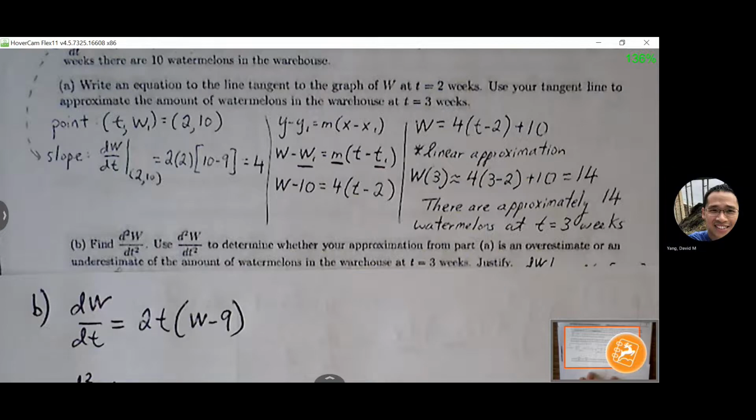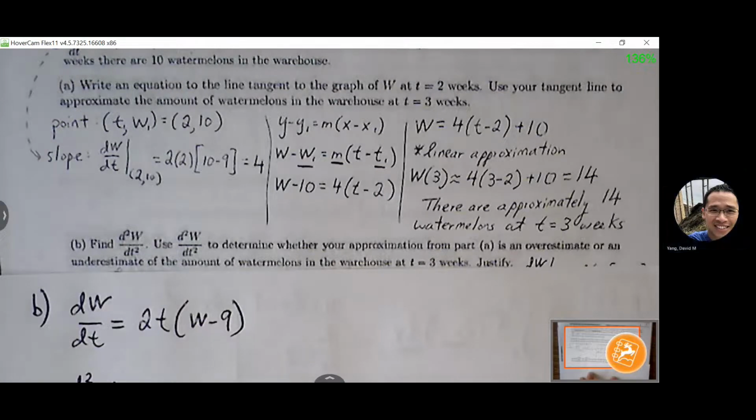Just insert 3 for t in your linear equation, and that gives you an approximation. And here are the approximations in terms of watermelons. So we have approximately 14 watermelons when t is 3 weeks. Okay, any questions for part A?